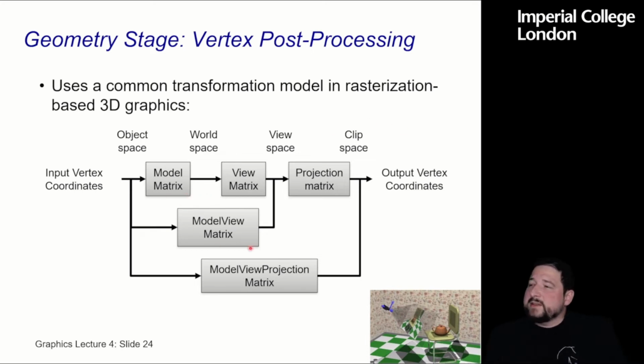Now I can multiply things together, and usually the way you multiply it together, because this is usually not invertible, is that you combine the model matrix and the view matrix into the model view matrix, and then you have the projection matrix, and if you combine all three together, you have the model view projection matrix, or MVP. MVP matrix is not always the minimal viable product, but here in this case, people use the abbreviation for model view projection matrix.